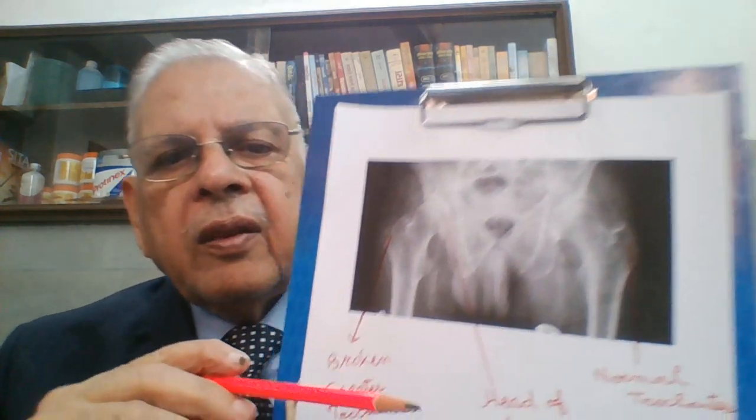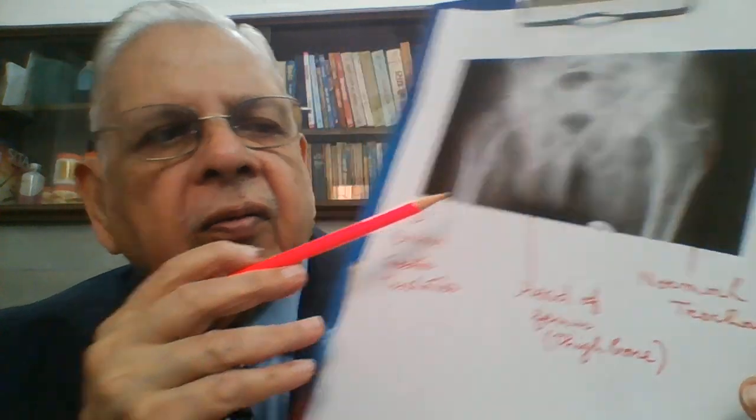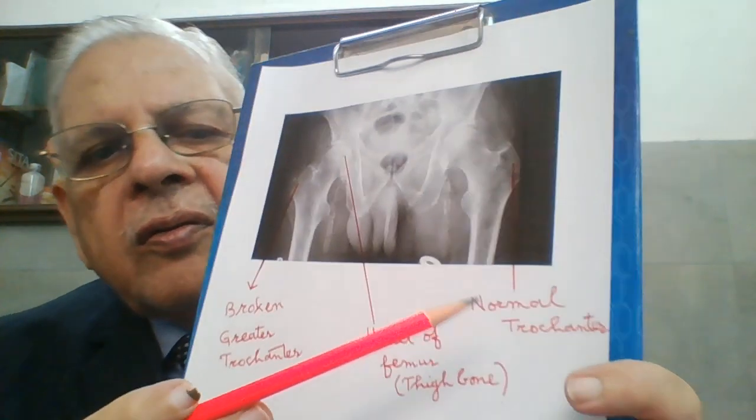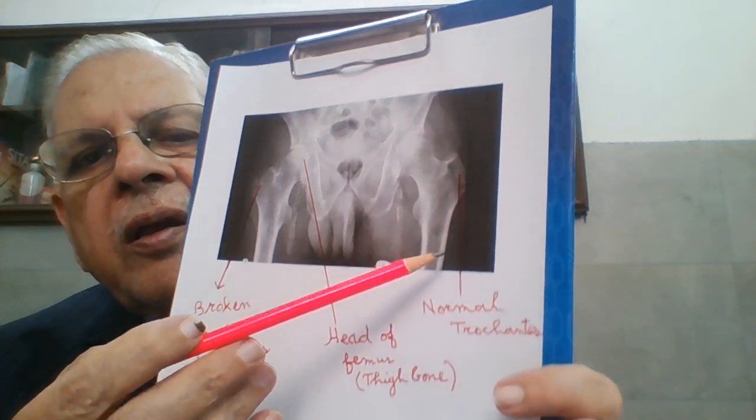See the other diagram. What do you see in this diagram? See, what is this showing? This is showing you a normal trochanter. Again, the same things.